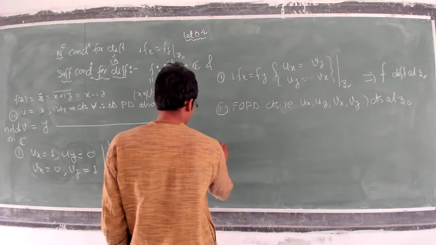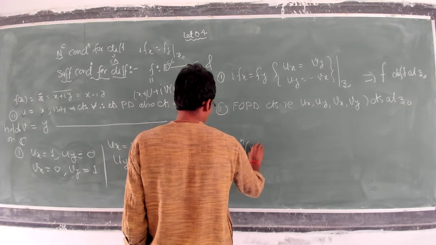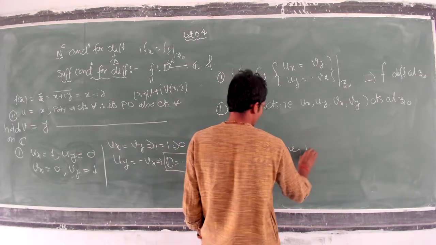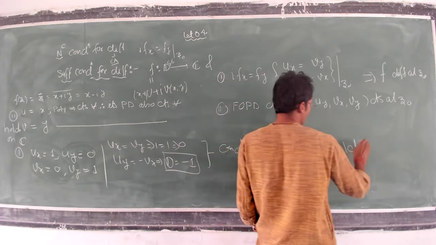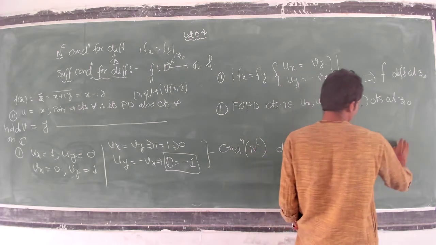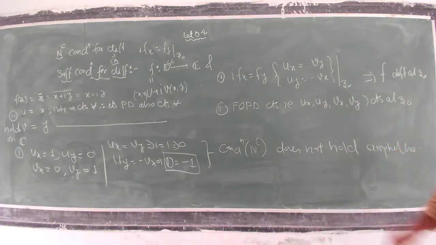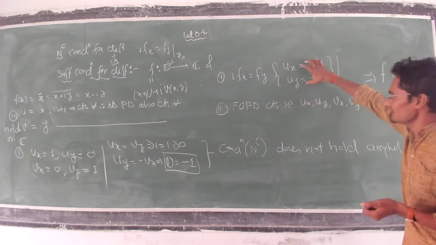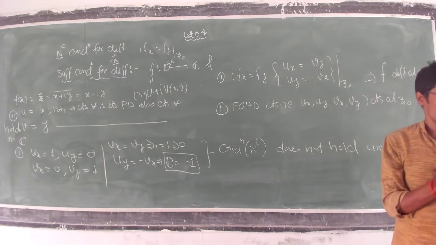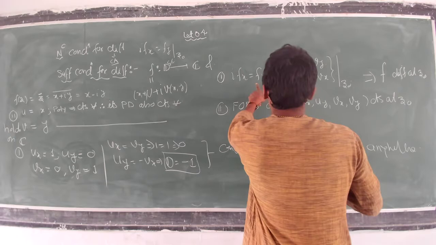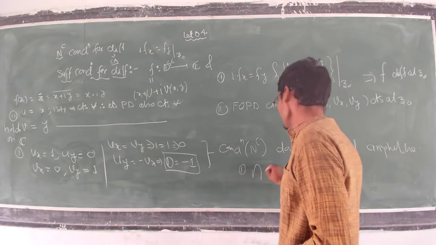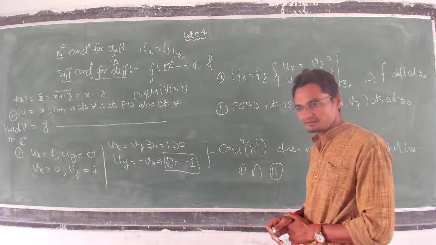Meaning condition 1, which is the necessary condition, doesn't hold anywhere. We need the intersection: those points of C where both conditions are satisfied together.